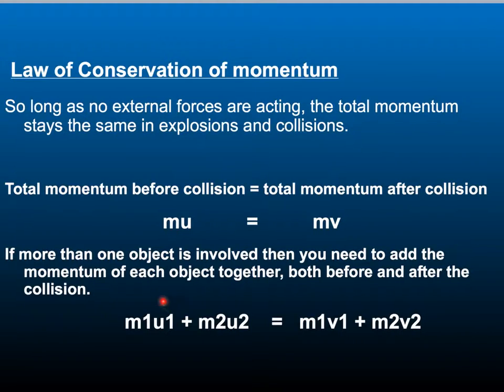So with object 1, we would have its mass times its initial velocity, plus object 2, which is its mass times its initial velocity. Then after the collision or the explosion, we've got the mass of object 1 times its final velocity, and the mass of object 2 times its final velocity.